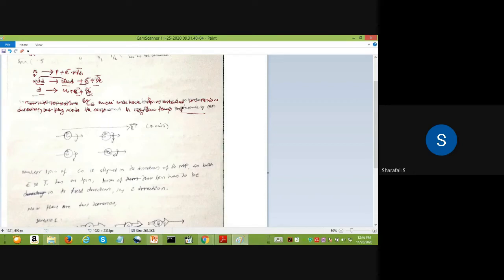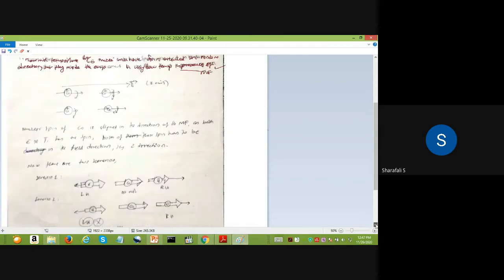At normal temperature, cobalt 60 has spin directed in random order, but when you lower the temperature to a very small value, very cold, then the spin can align in some direction. With the application of a magnetic field, you can make that spin aligned in a particular direction, that is, in the direction of the magnetic field. That's what they have done.